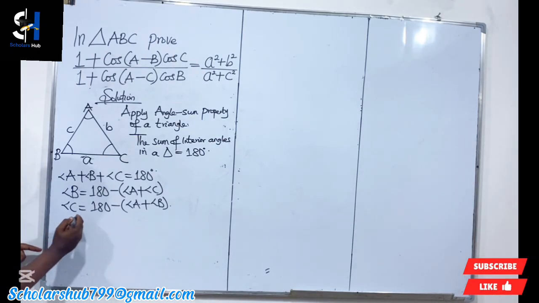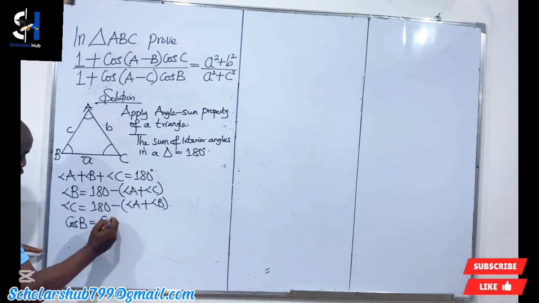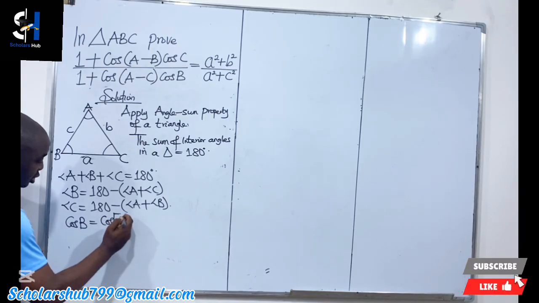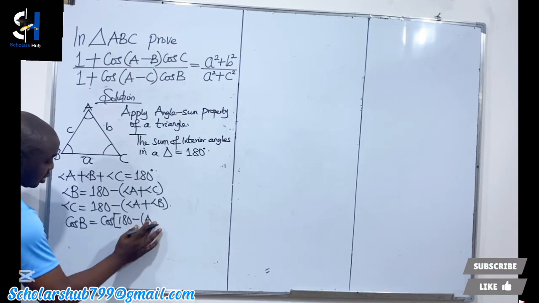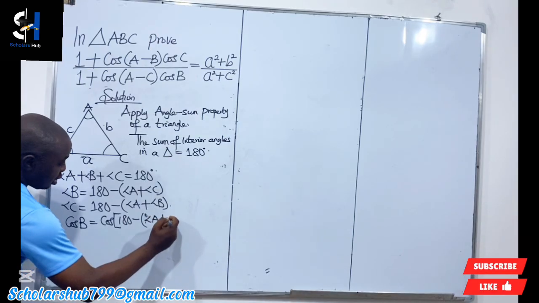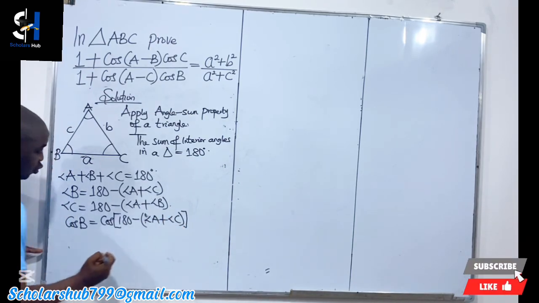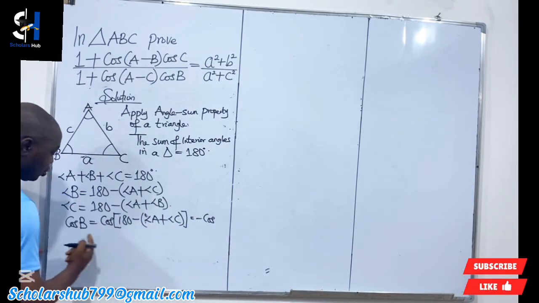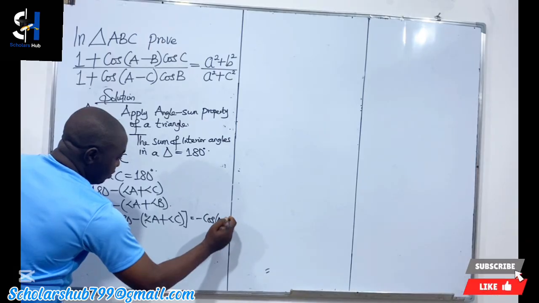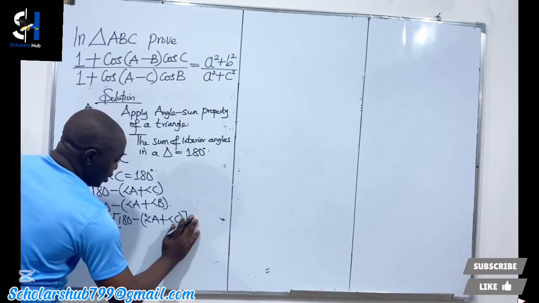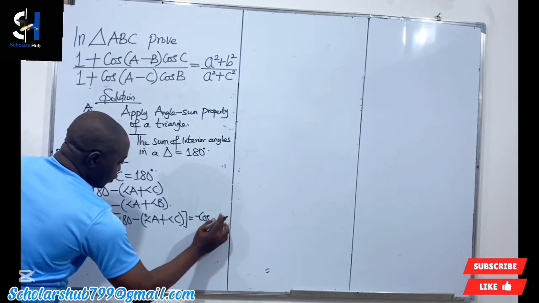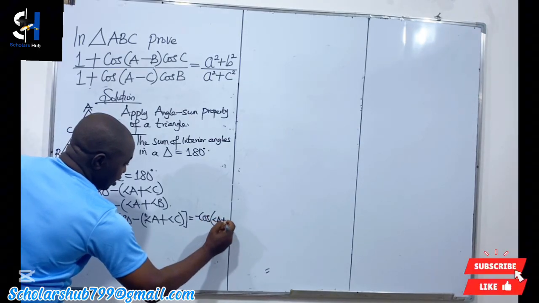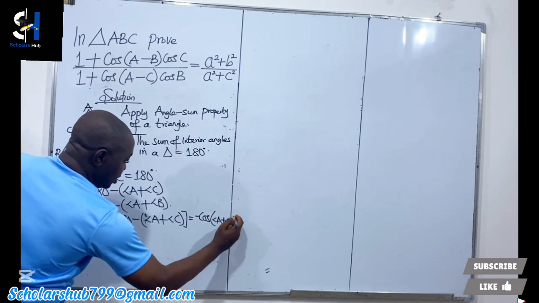Which means cos B will be equal to cos[180 minus the sum of angle A and angle C], and this will be equal to negative cos(A plus C).